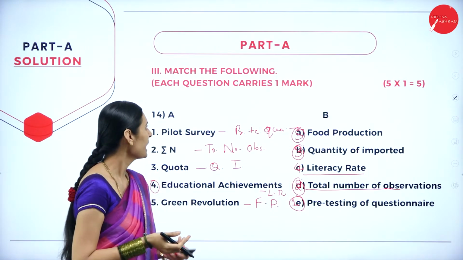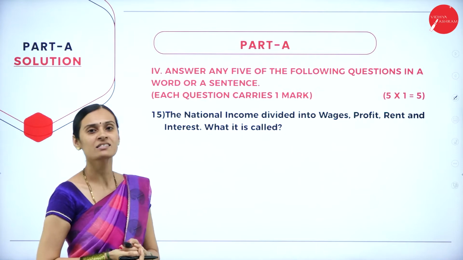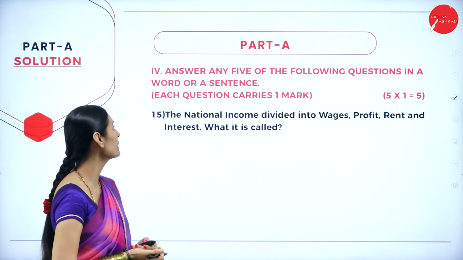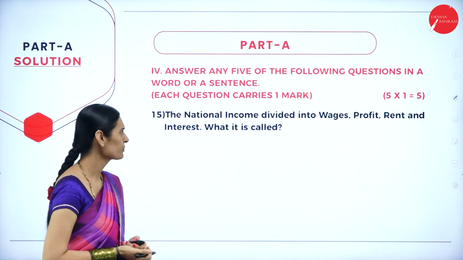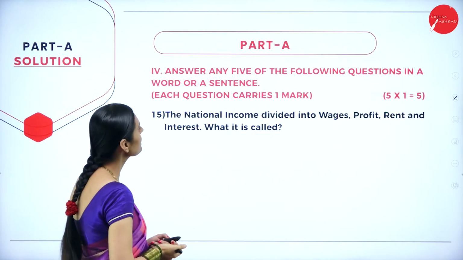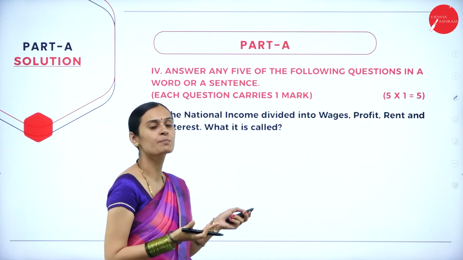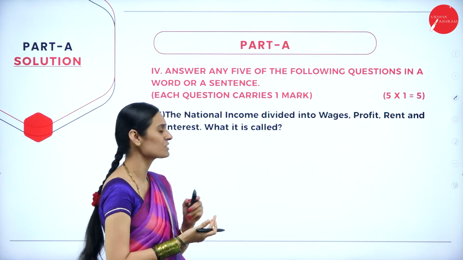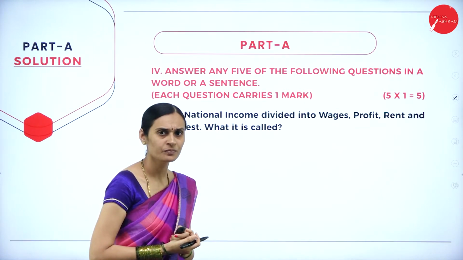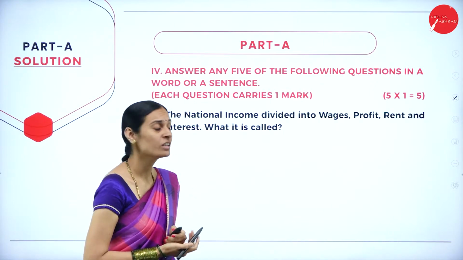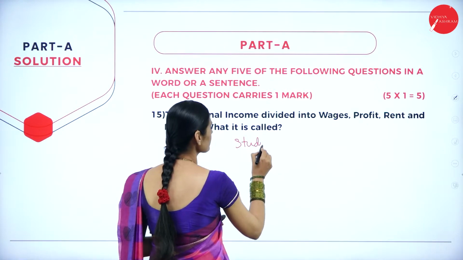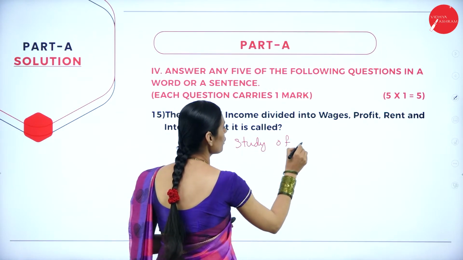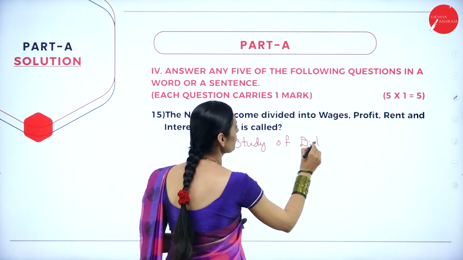That much. Next, one word answer. Answer the following questions in one word or a sentence. The national income is divided into wages, profit, rent and interest. What is this called? This is called the study of distribution.